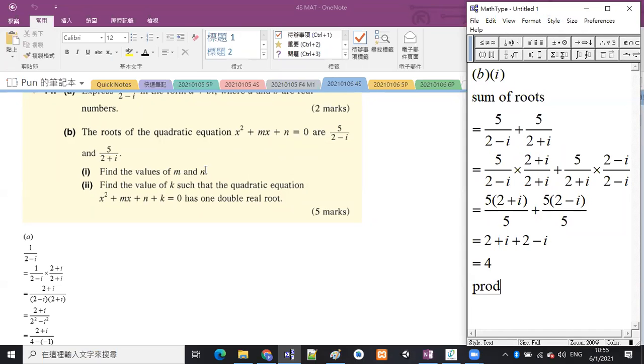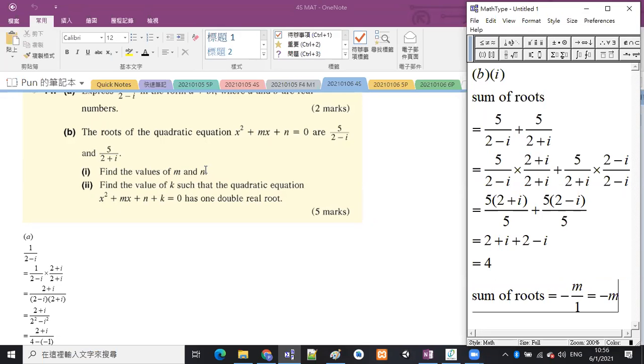Why do we need to find the sum of roots? It is because negative m should be equal to the sum of roots, because the sum of roots can also be found by negative b over a. On the other hand, the sum of roots is equal to negative b over a, so that is negative m.